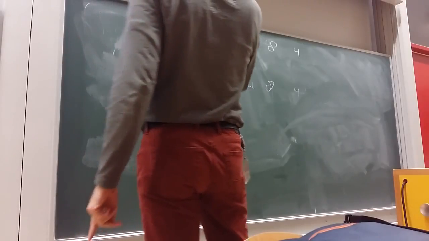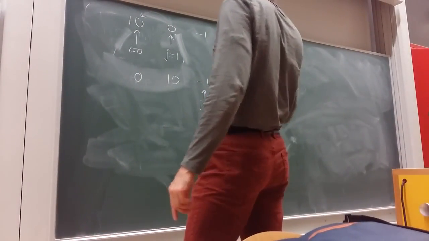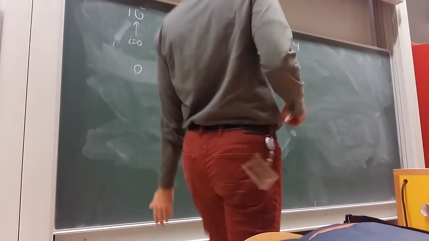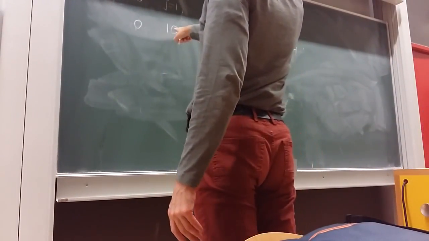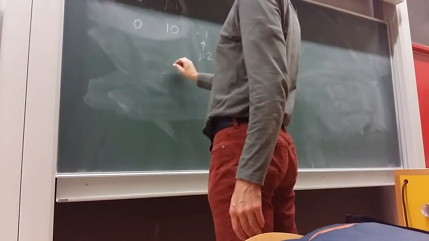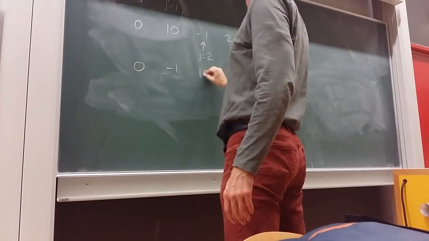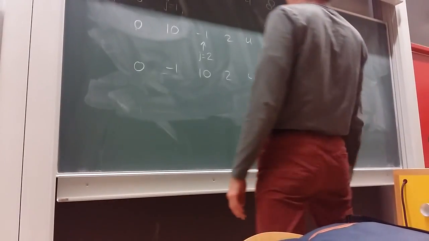Now J equals 2, so we go here and we do the same, and it's going to do that for every number. Now we compare minus 1 with 10. We say, oh, 10 is also larger than minus 1. So we swap them, and you get 0, minus 1, 10, 2, 4, 8, 4.